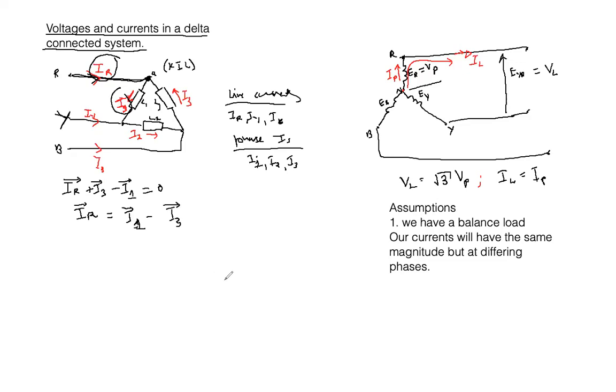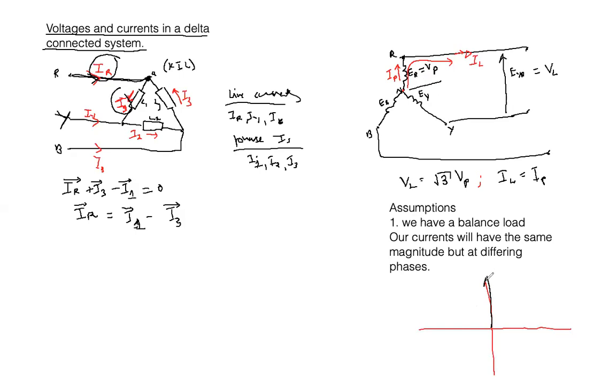And then we already know that if I have a Cartesian coordinate system here, where I want us to look at the currents, I have IR.